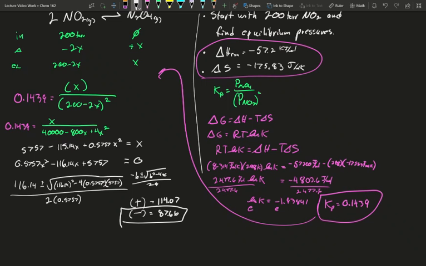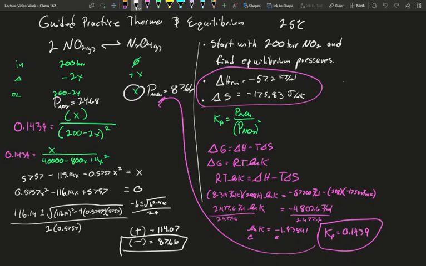This is our value for x, which means we now know the pressure for N2O4. It must be 87.66. We can solve that out for our starting material. 200 minus 2 times 87.66 is going to give us a pressure of NO2 at equilibrium of 24.68.